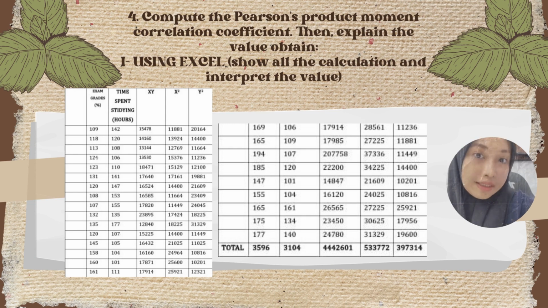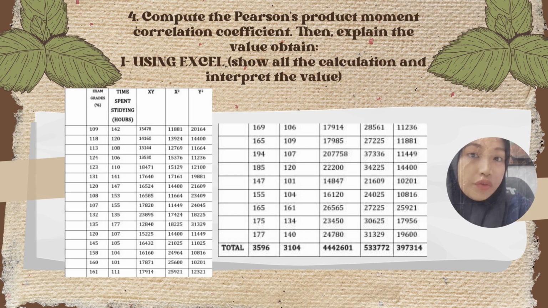This is a calculation of the Pearson product moment correlation coefficient. I want to explain the values obtained. In this data, I have used a data set from a subset randomly. There are 5 columns: the first column is exam grade, the second column is time spent studying, column 3 is XY, column 4 is X to the power of 2, and the last column is Y to the power of 2.